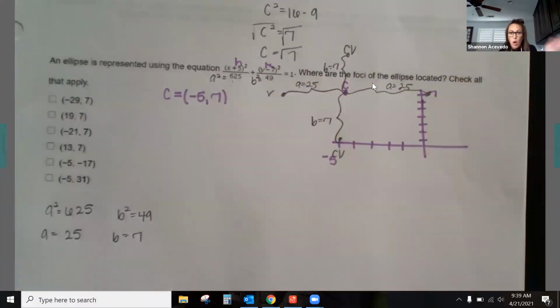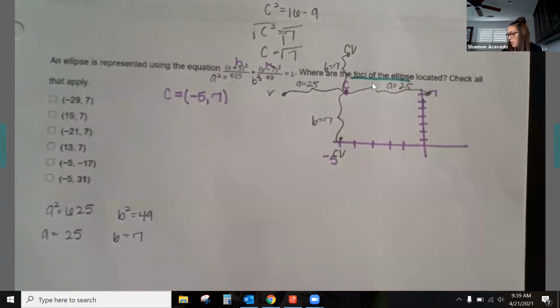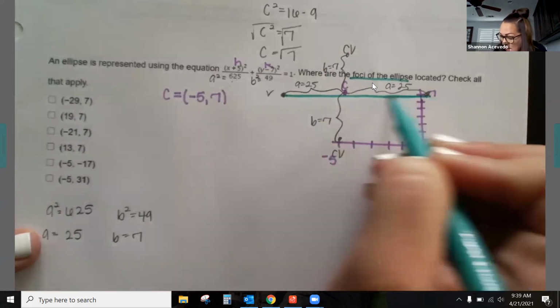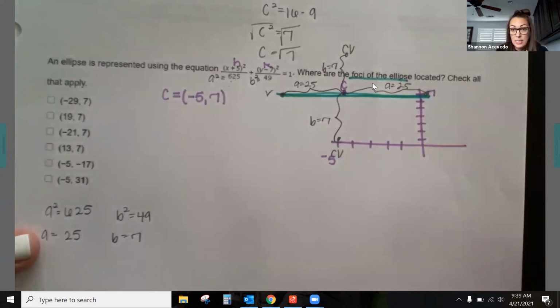So all I'm doing is counting the directions of these values to get all the points. Okay, it wants me to figure out where my foci are. I know that my foci have to be on my major axis. So from vertice to vertice, my foci have to be on this axis.